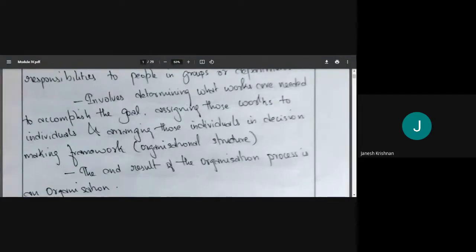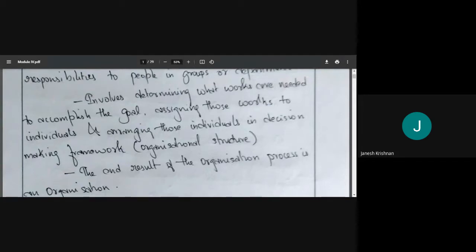Like we said, our aim is to conduct the arts. So what has to be done? We need off stage items, we need on stage items, we need transportation facilities, we need fund budget. These are works to be done. So first of all, we need to determine what are the works to be done.